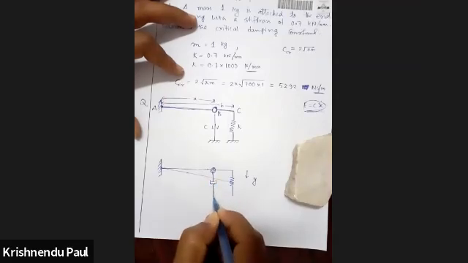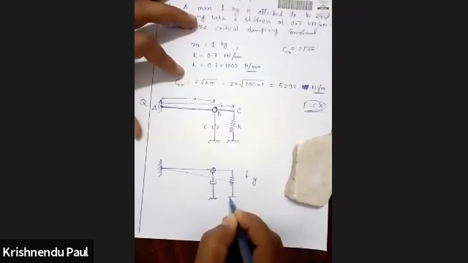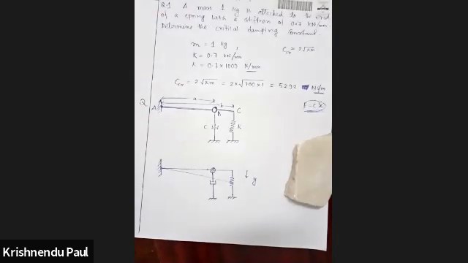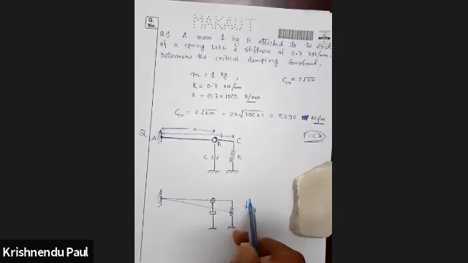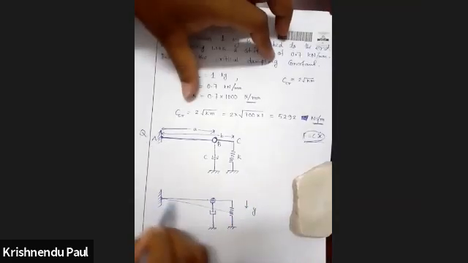This damper and this spring are the mathematical model. So this bar will vibrate in the vertical direction like this, and it will be straight.